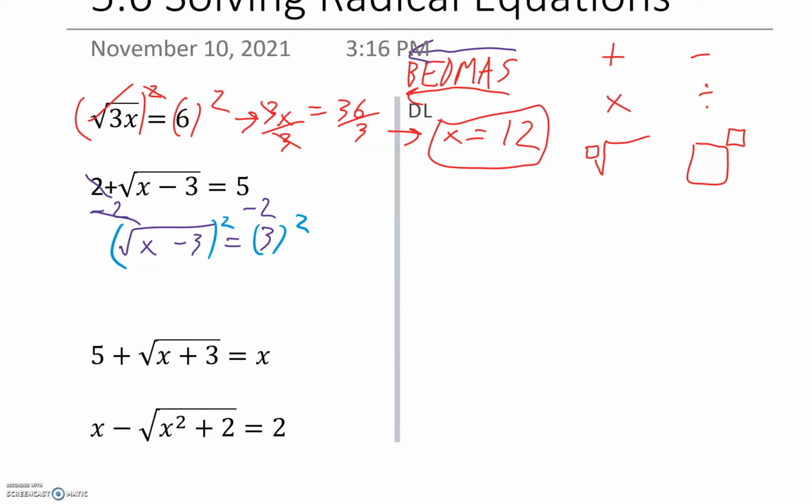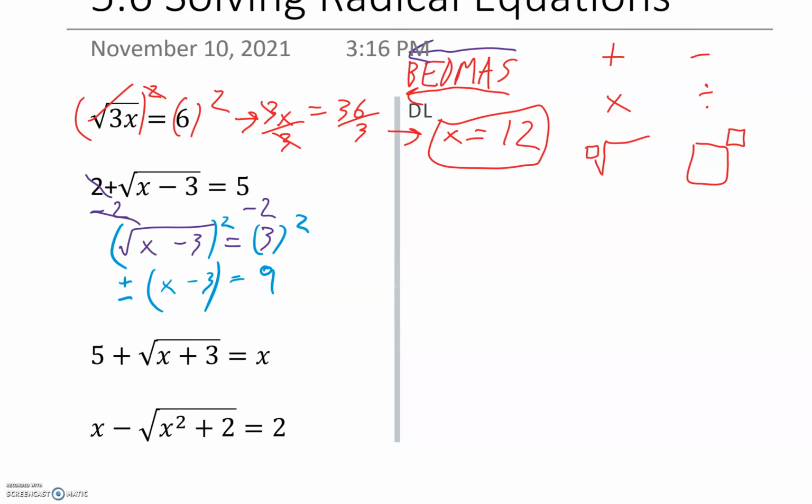So that allows us to get to x minus 3 equals 9. Now, there is a little bit of a trick here that we didn't look at in the last question. It's not going to matter in this question either, but whenever you square a square root, you have to keep in mind that the inside could be positive or negative.